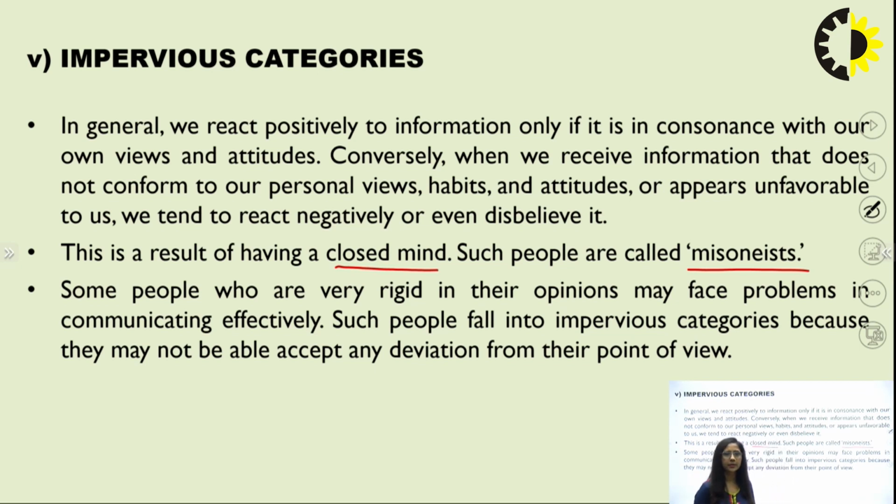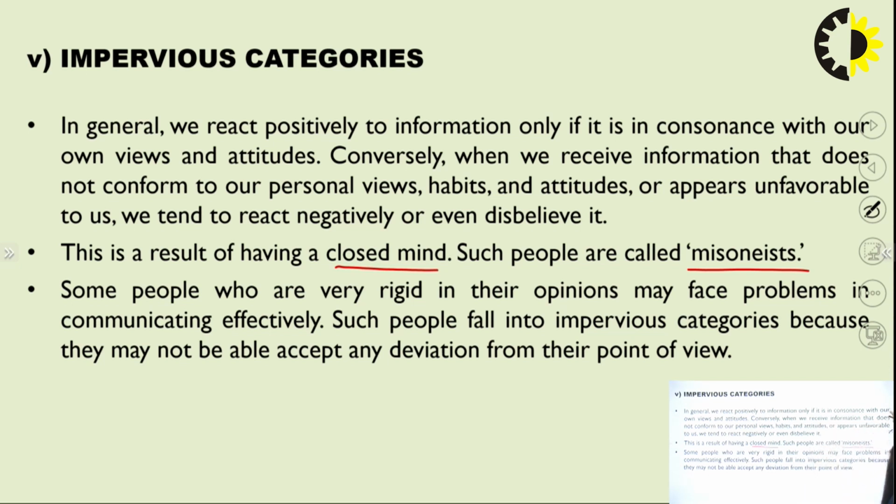Advances in communication and technologies are so rapid today that many people have difficulty in quickly adapting themselves to these developments. Instead of taking advantage of these developments, they hinder the communication process. They tend to resist and criticize them. These people are known as misoneists.